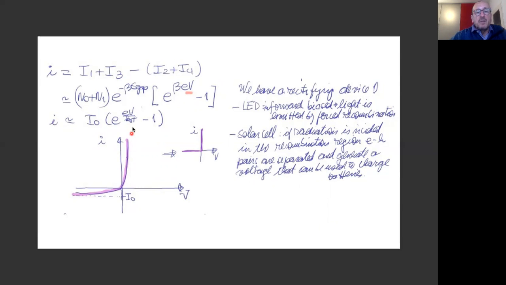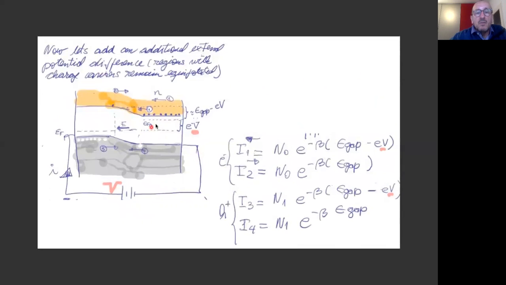And it turns out that this is a very steep exponential going in that direction. And when the voltage is negative, meaning it will be the other way around, it will be moving this down, pulling this further down. So it will be very difficult for these to get to this side.